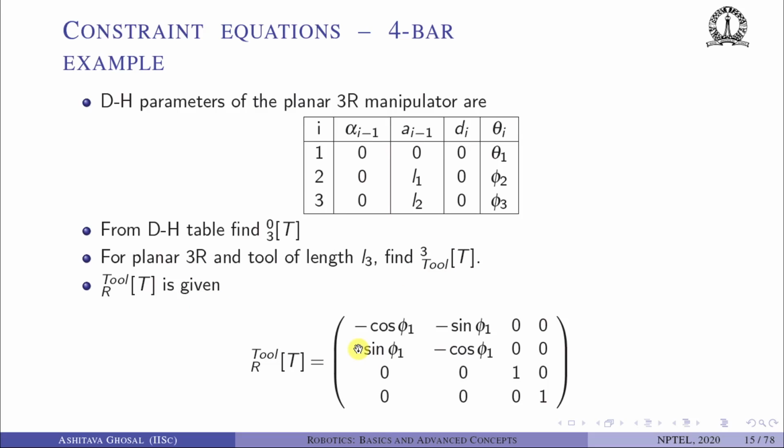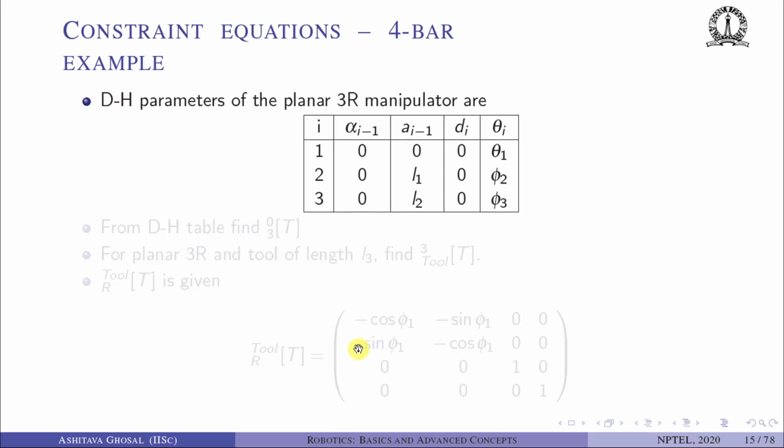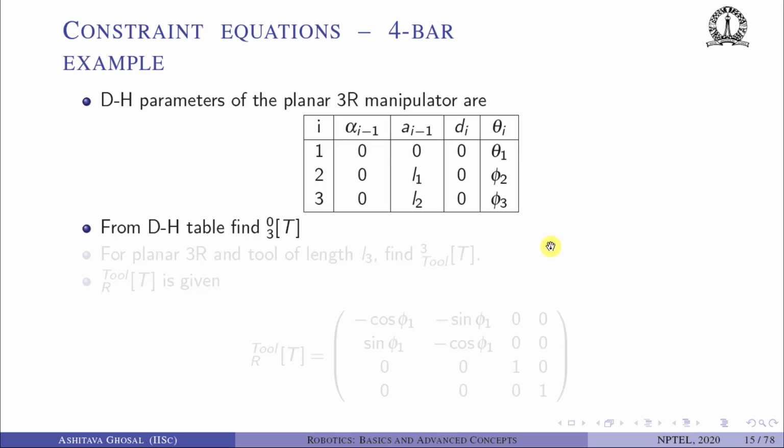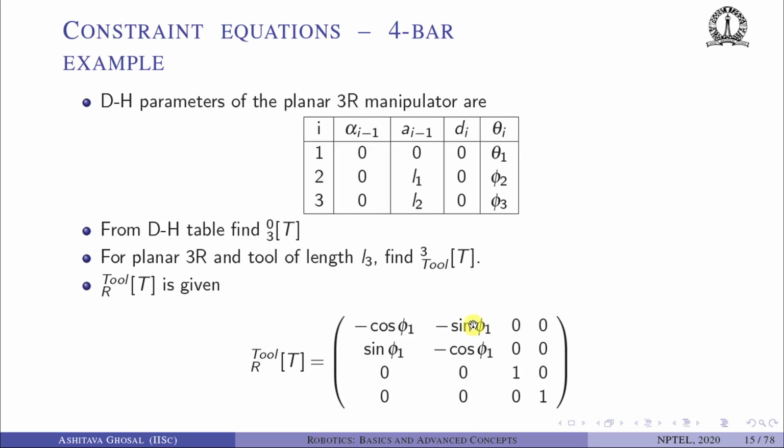If you look at it a little more carefully, the x-axis of the tool coordinate system is like this, and the x-axis of the right reference coordinate system is like this, and there is an angle of pi minus phi 1. So we can find the transformation matrix between the tool and the R coordinate system, and this is given by minus cos phi 1, minus sin phi 1, cos phi 1, again because of the angle which is pi minus phi 1.